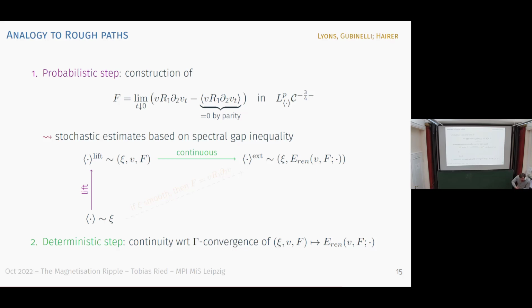You can rely on this continuity and push forward the measure, which is the extended measure on triples, to a measure on Xi's and renormalized energies. And that's exactly what we saw in the theorem. We also have a consistency in the sense that if Xi is smooth under this probability measure, then the product V R1 D2 V is well defined and it coincides with F.